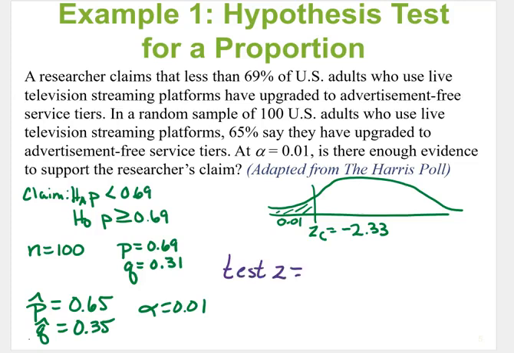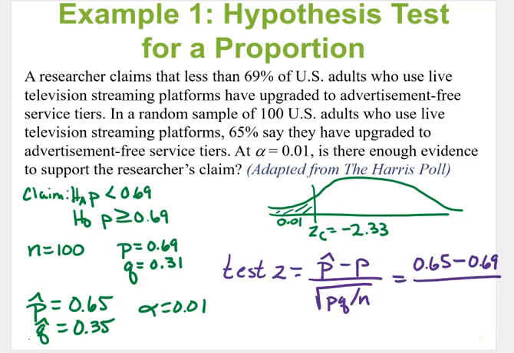All right, so the test z, remember, is p hat minus p divided by the square root of p q divided by n. All right, so your p hat is 0.65 minus your p, which is 0.69, and then you're going to divide that by the square root of 0.69 times 0.31 divided by 100.